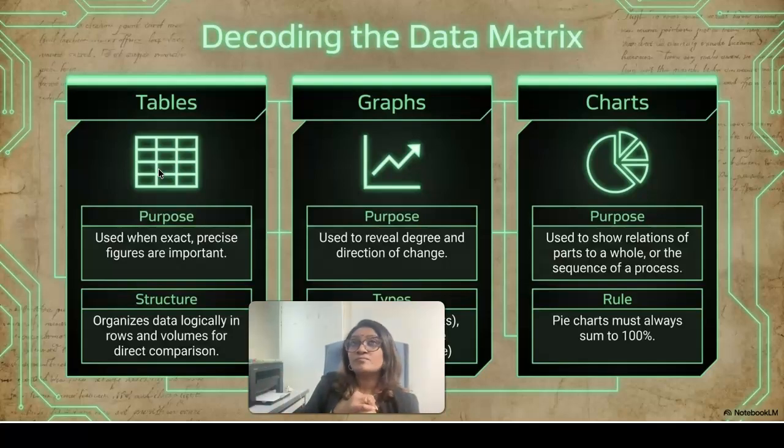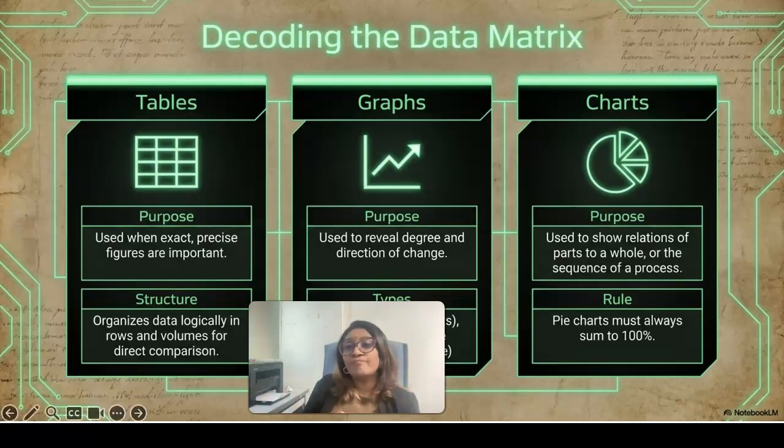Sometimes text may also use graphs to talk about the degree and direction of change, and this can also be used to show comparison between subjects. Sometimes you may also have a line graph, where it shows the correlation of one issue to another.